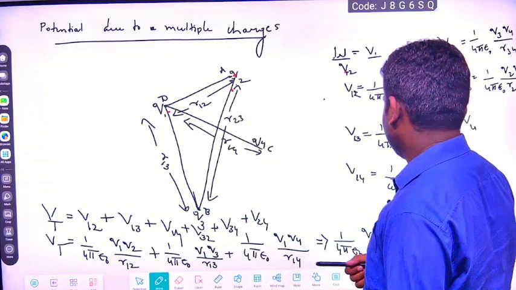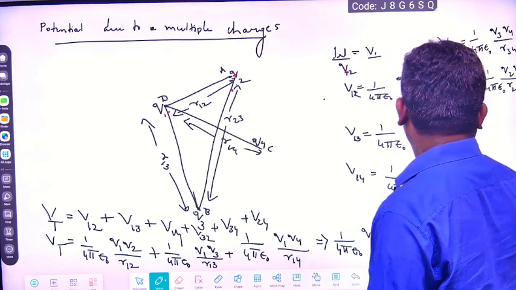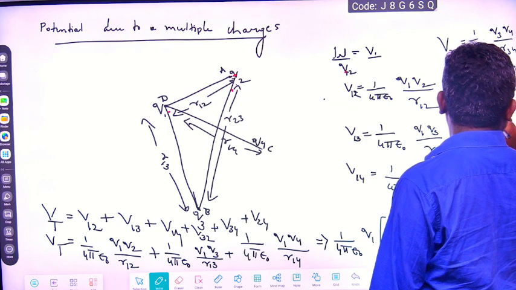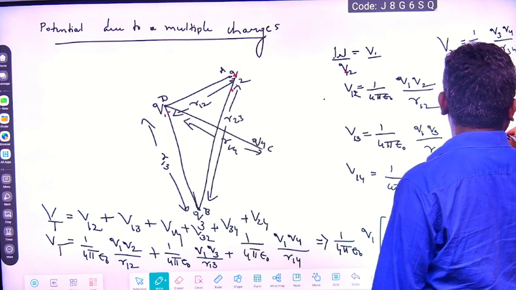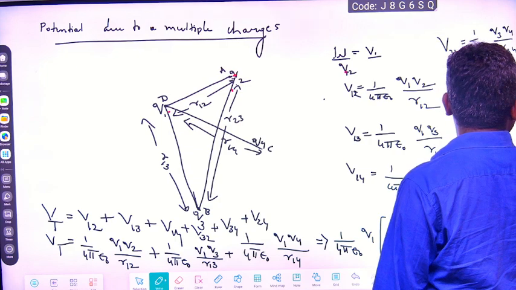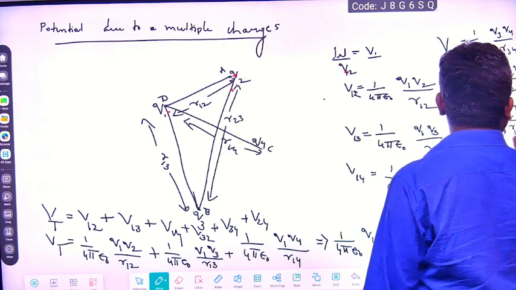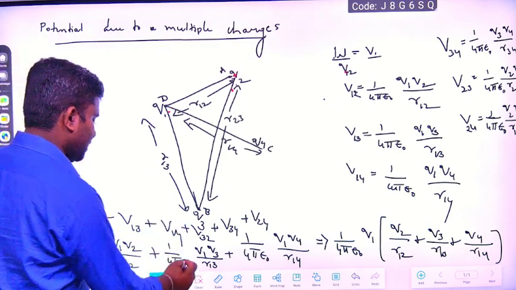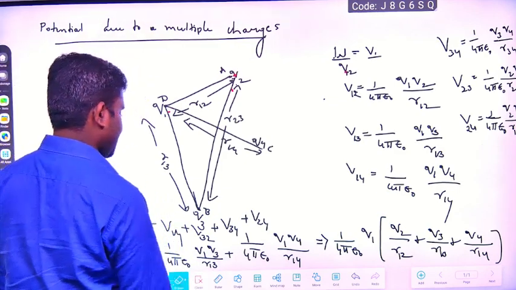Only these two, right? V34, V24 also. V24, which is 1 by 4 pi epsilon naught Q2 Q4 by R24. Please add all that. If you add all that only, you will get this one.